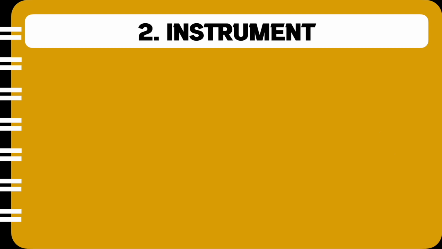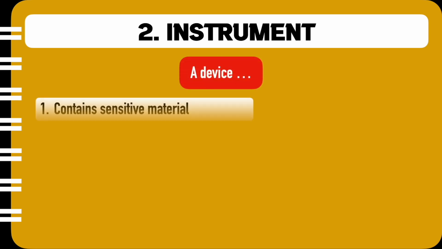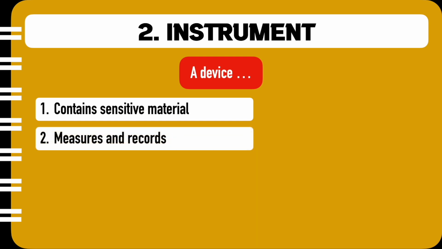Next, I would like to talk about an instrument. An instrument is a device which contains sensitive material. For example, it can have mercury or alcohol or metal strips which are sensitive to heat. It generally measures or records, or it can do both.